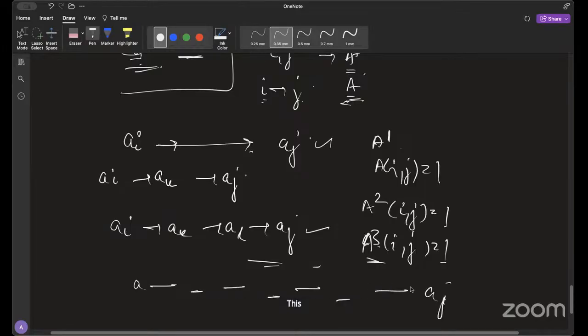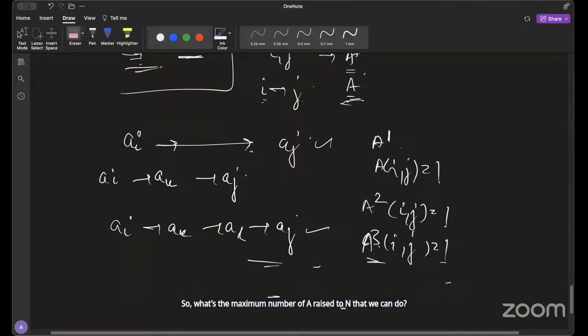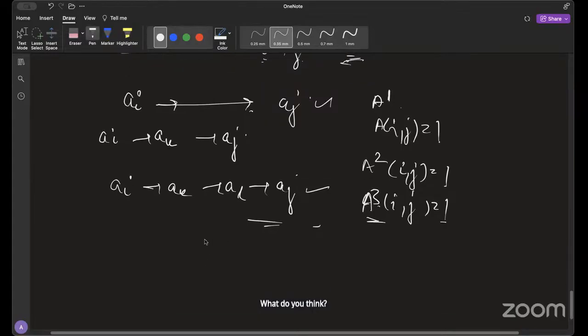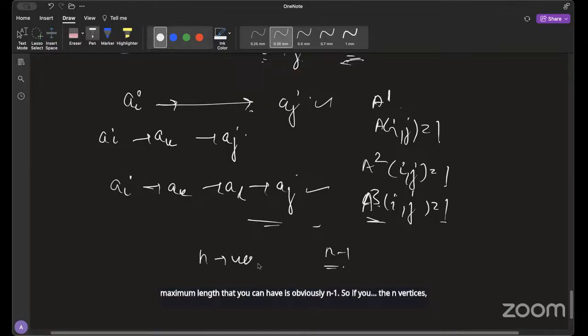That cannot be possible. So what's the maximum number A is raised to? It's N minus 1. So if there are N vertices, the maximum length of a path can be N minus 1.